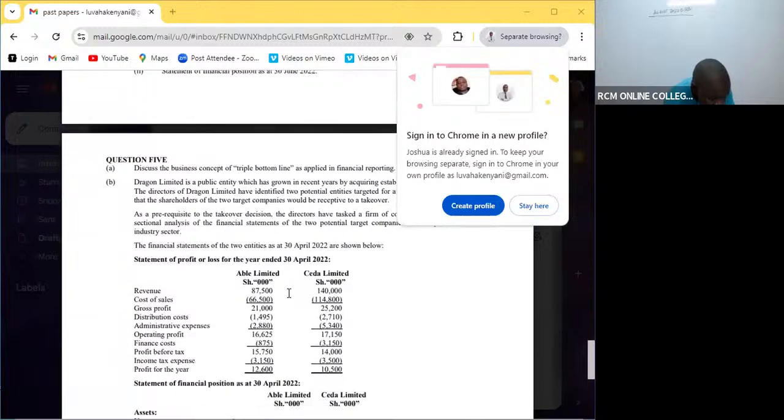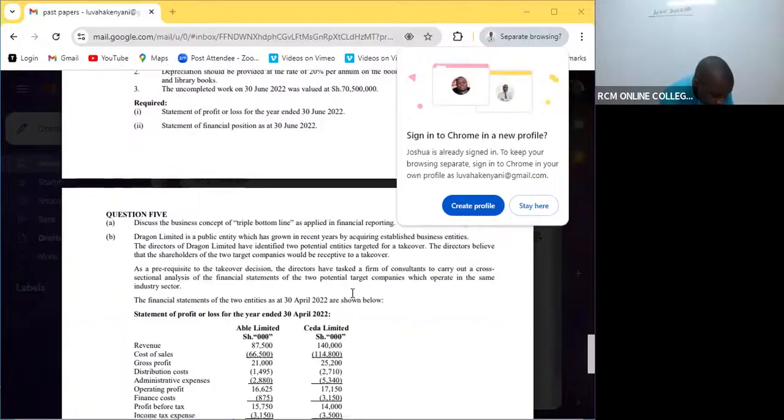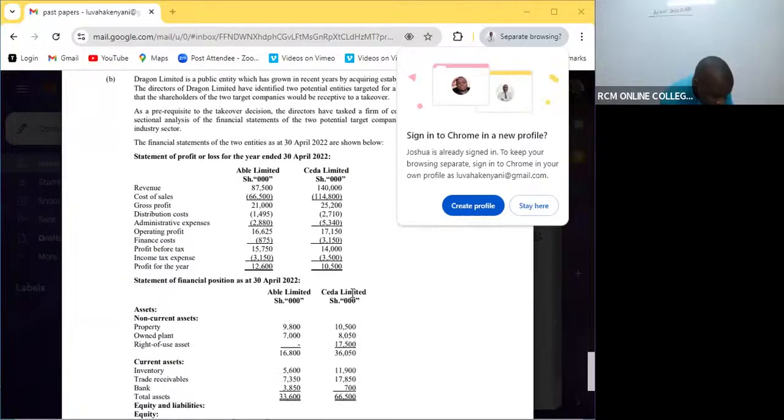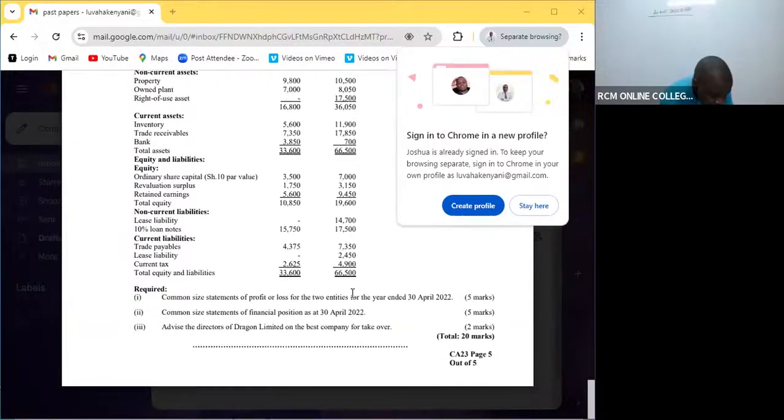As a prerequisite to the takeover decision, the directors have tasked a firm of consultants to carry out a cross-sectional analysis of the financial statements of the two potential target companies which operate in the same industry and sector. The financial statements of the two entities are as follows. We have the statement of profit or loss. Then, of course, you have the statement of financial position, which has been indicated there.